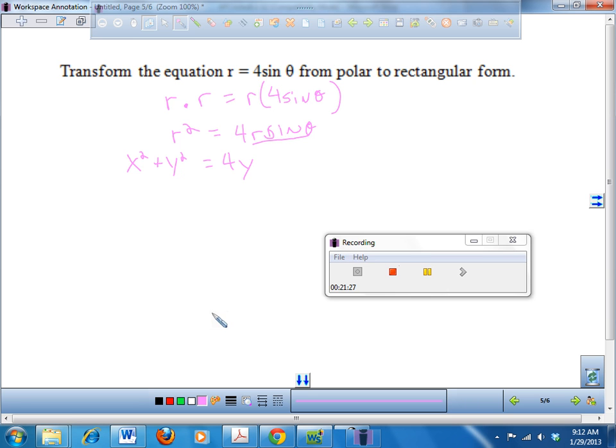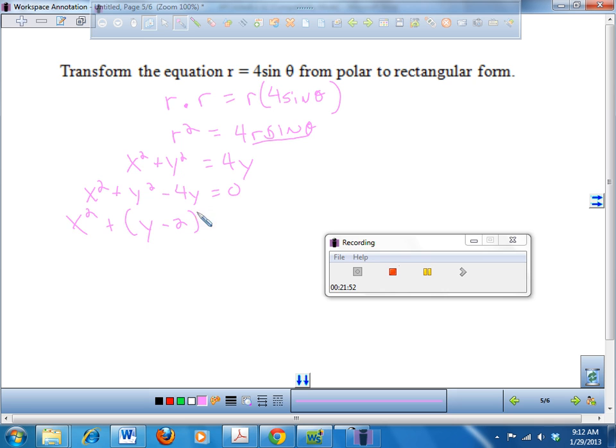But unfortunately, they don't want you to leave it like that, because they want you to recognize this as something special. And the way you get this to be something special is you bring that 4y onto this side, and you set it equal to 0. And guess what you have to do now? Your favorite thing.